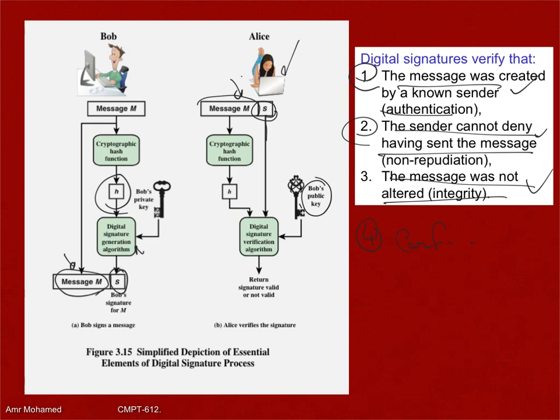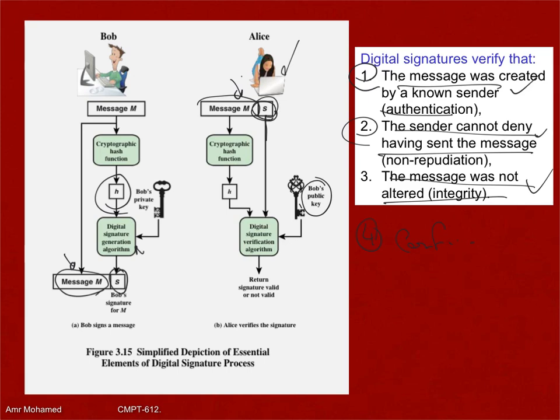Supposedly Darth is not an authorized sender, in which case I should not have the public key for Darth in order to decrypt and get the hash. So in that case, Darth is not authenticated, but Bob or any other legitimate user can be authenticated if I have the public key for that particular user.